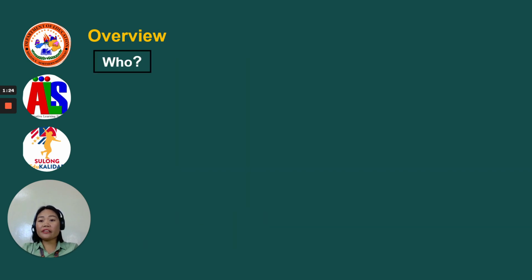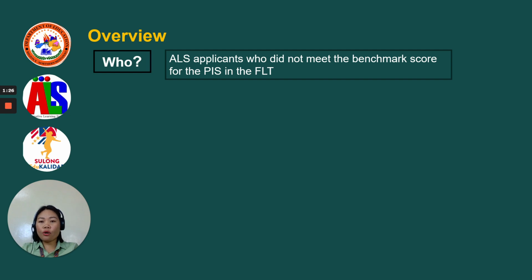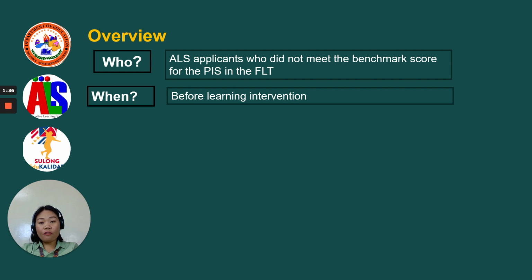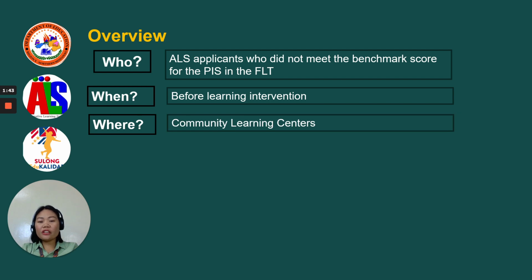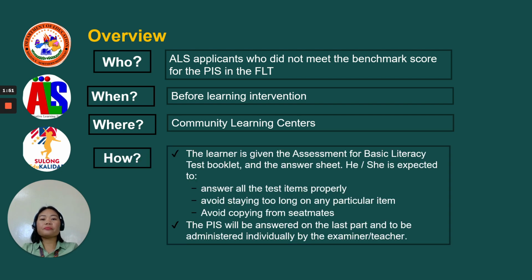Who will undergo ABL? Of course, all the applicants who did not meet the benchmark score for the PIS in the FLT. When? Before the learning intervention. And where? In the different community learning centers, but be sure to observe the health protocol. How?